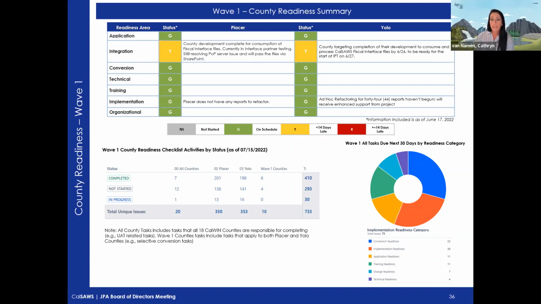Absolutely. Taking the first one, the change discussion guides did go from red to yellow between the month of June and July. Michael, the primary reason for that was that with the Wave 1 counties, those change discussions between the project and the county managers and supervisors were completed in the month of July, actually last week.